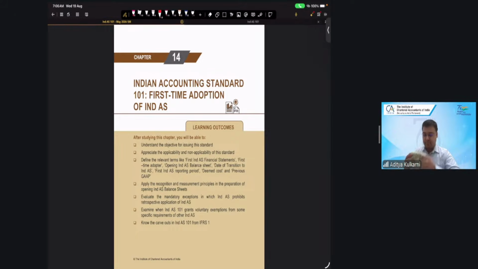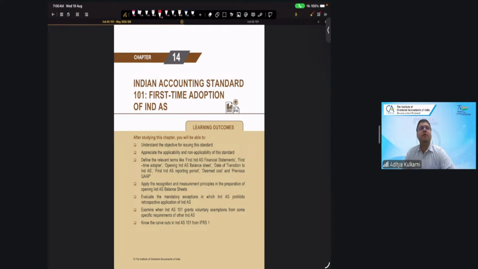For example, you take the case of a simple case like revenue recognition. Suppose you have an example where I sell a product with a 3-year warranty.